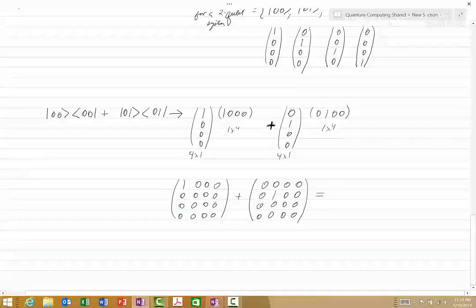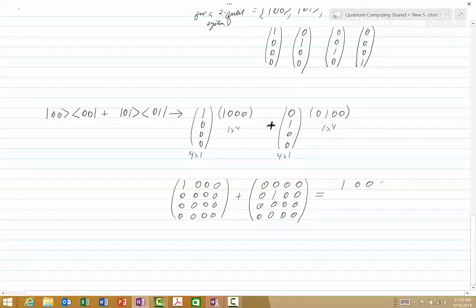And then when we add these two matrices together, we get the following. And there is our answer.